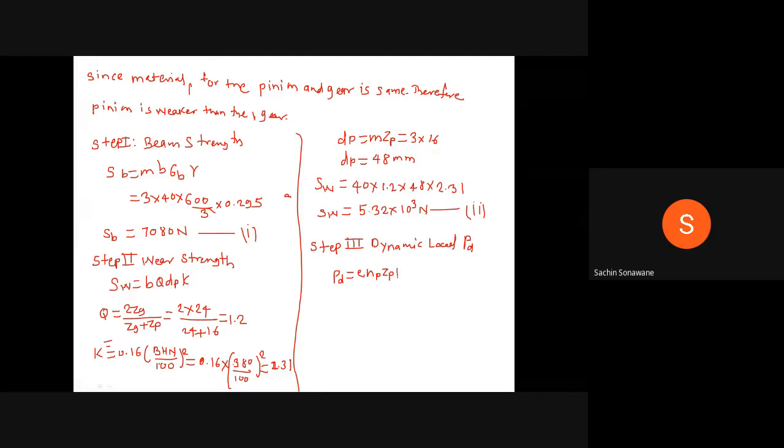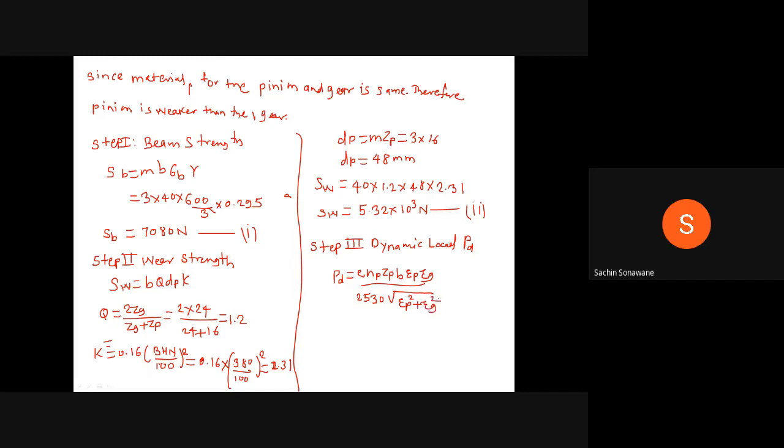Just to see the formula: into B into radius of pinion into radius of gear, that means pitch circle radius, always remember, divided by 2530 into square root of rp square plus rg square.